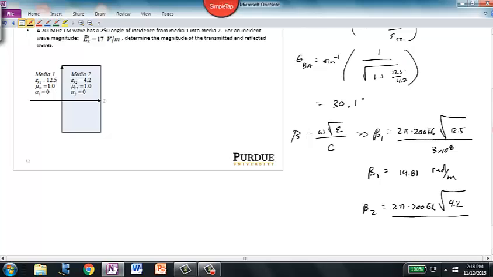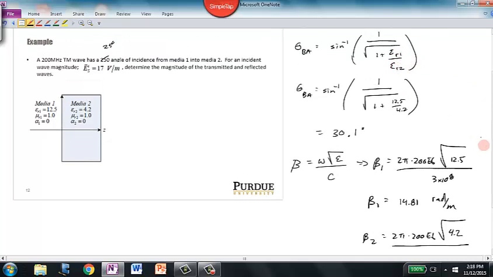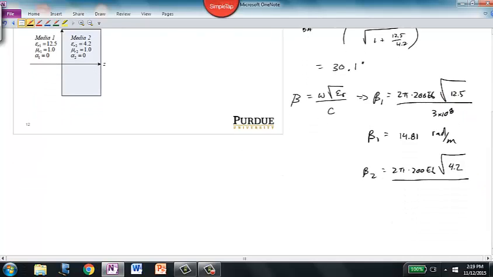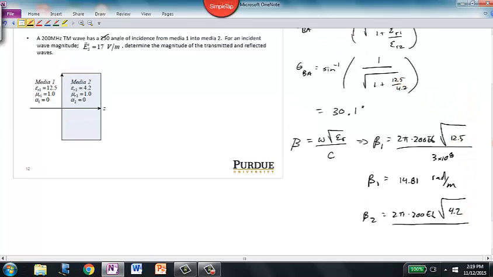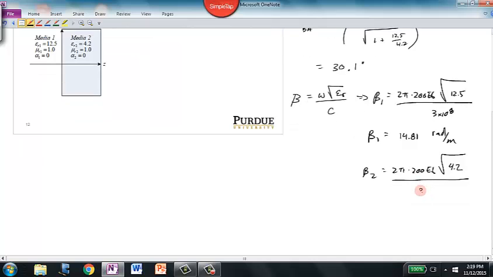This formula shows epsilon R. Excuse me, the formula is for epsilon R, not the total, because we have a c down here. So don't put in 12.5 times 8.854 times 10 to the minus 12 for either of these calculations. So using just the relative electric permittivities, we get 8.58 radians per meter.